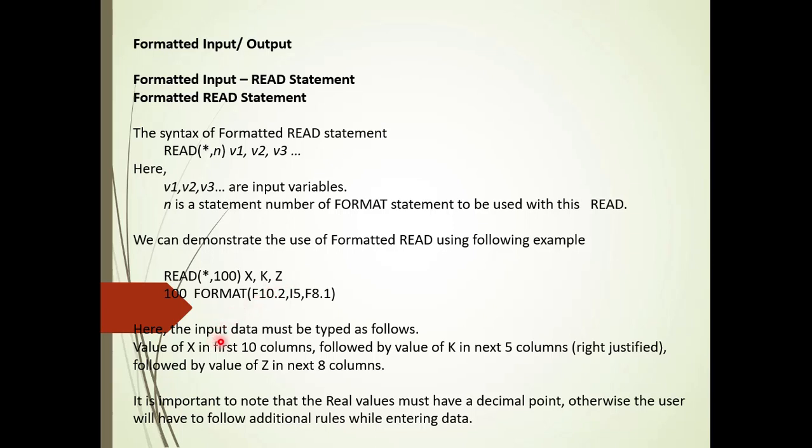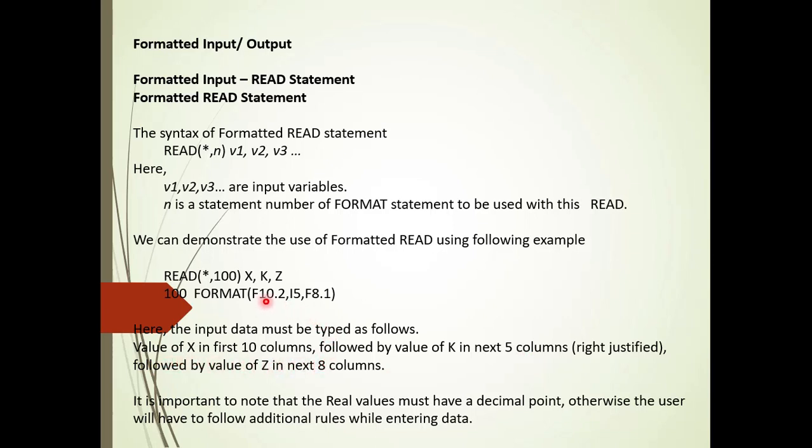So the input data may be typed as follows: the value of X in the first 10 columns, followed by the value of K in the next 5 columns, and then the value of Z in the next 8 columns.